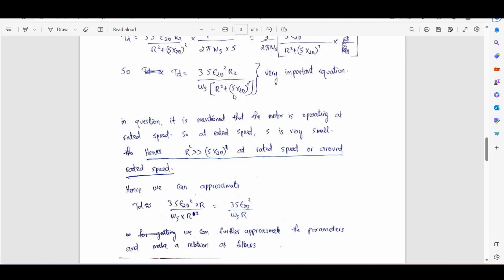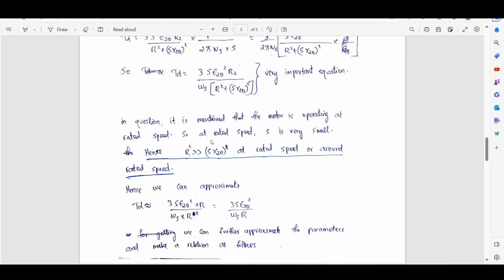This S value will be very low, and in that case S square will be even lower. So very close to rated speed, S is very small, hence R square will be far greater than Sx20 the whole square.